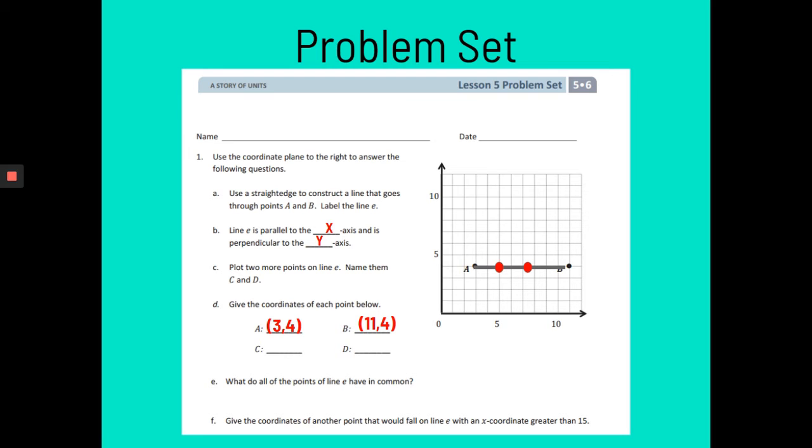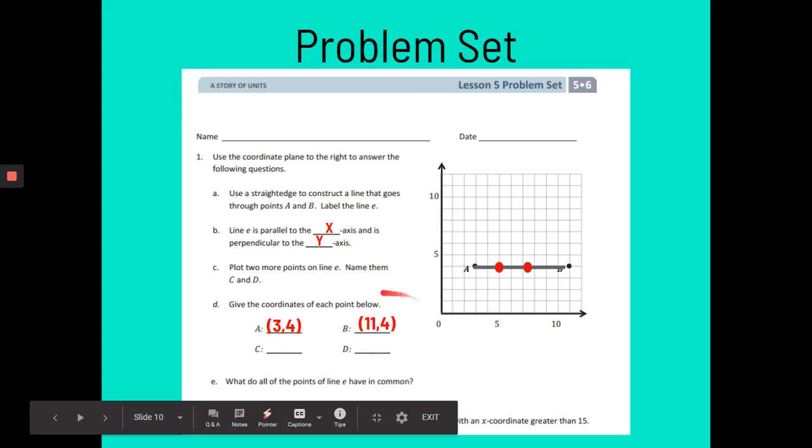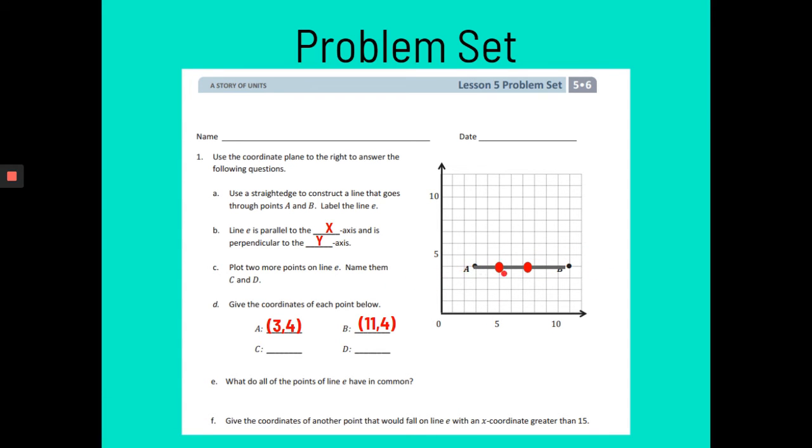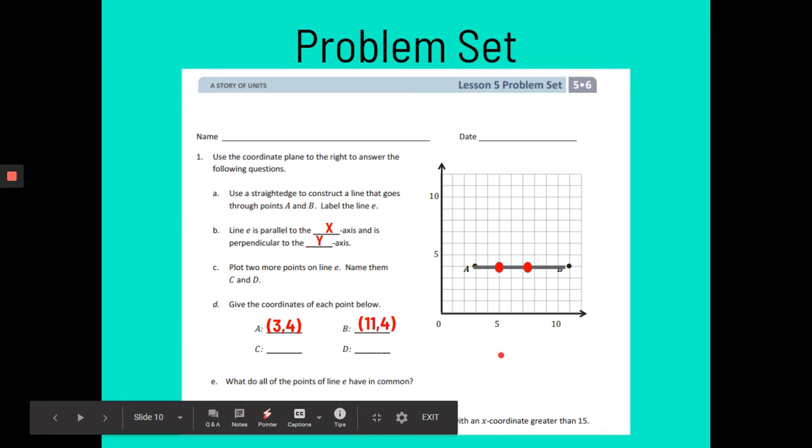Now, even though our C's and D's are different, I want you to pay attention to these two coordinates. We can see that our y-coordinate is the same, and we're in the same area. If these two points are in between them, what can we assume?